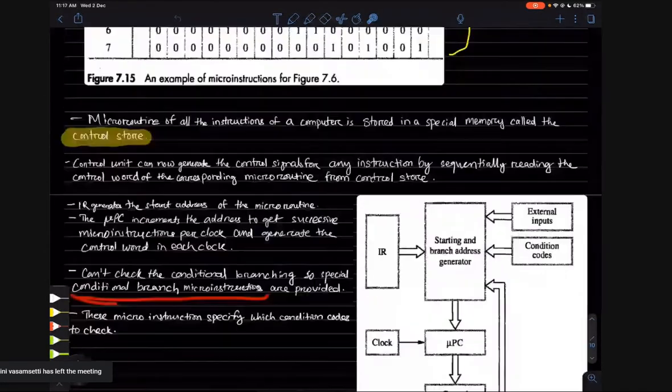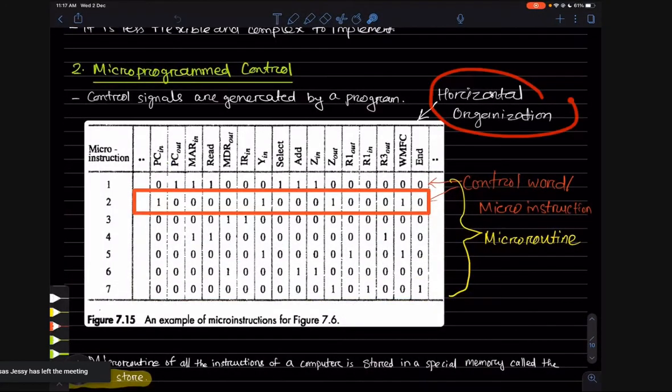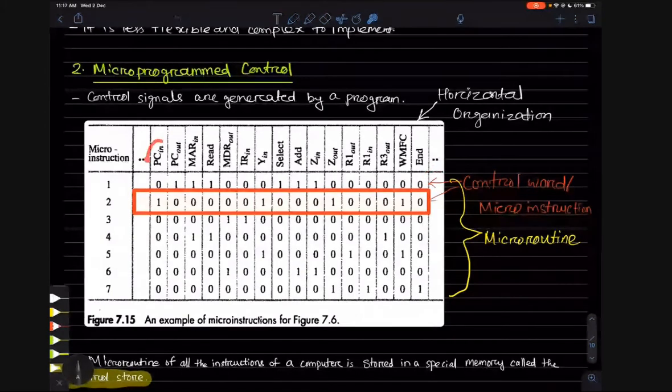Now I have told you that micro instructions can be organized in a horizontal organization or in a vertical organization. This is called the horizontal organization. Who can tell what is the disadvantage of this type of coding scheme? We are coding 1 bit per signal.